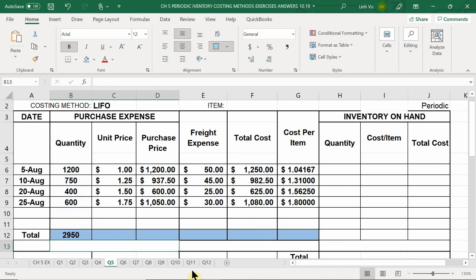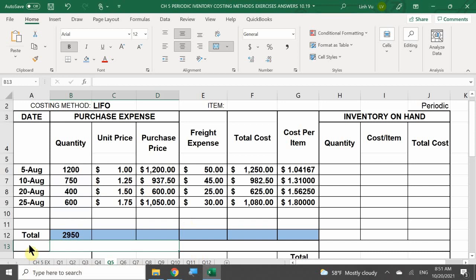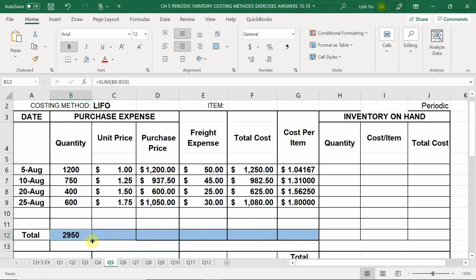Okay, good. What was the total purchase price? $3,787.50. Good.